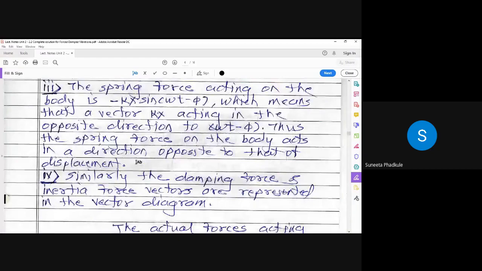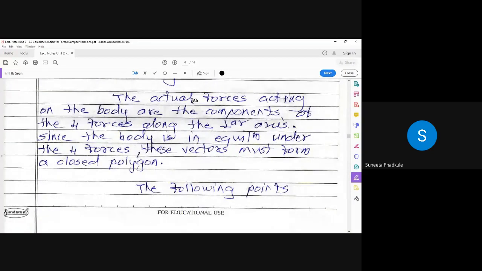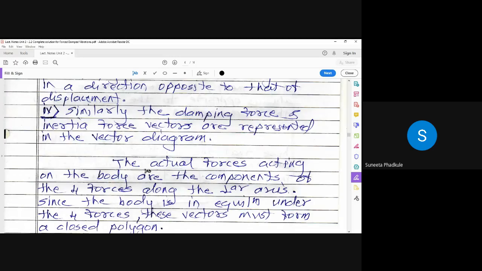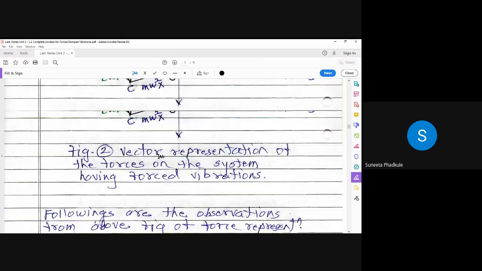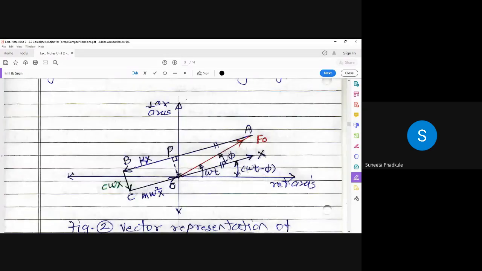See this wording. The actual forces acting on the body are the components of the four forces along the perpendicular direction. Since the body is in equilibrium under the four forces, these vectors must form a closed polygon. That means, suppose vibrations are taking place vertically up and down. So the vertical component of FO is responsible for vibration.